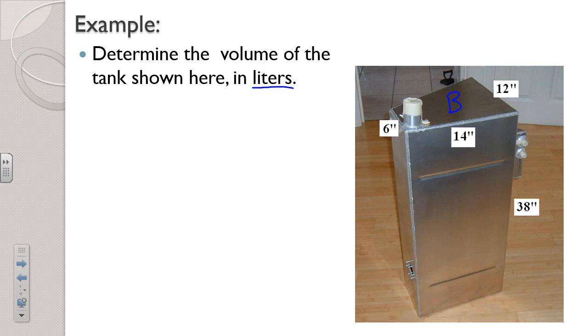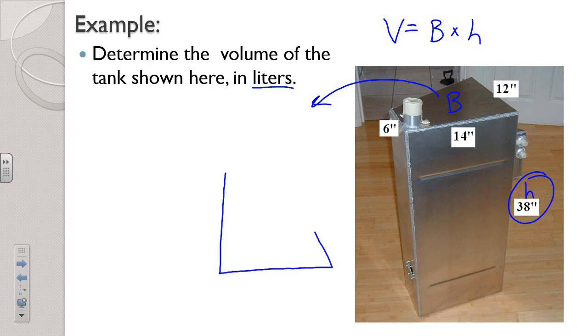That is our capital B, and we'll find the area and we'll find the volume if we multiply the area of that end times the height. Now we already know what the height is. The height is 38 inches. So we have to figure out what the area of this end is. So I'm going to lay that tank down and draw it in a little different way. If we lay that tank down, it's going to look like this.